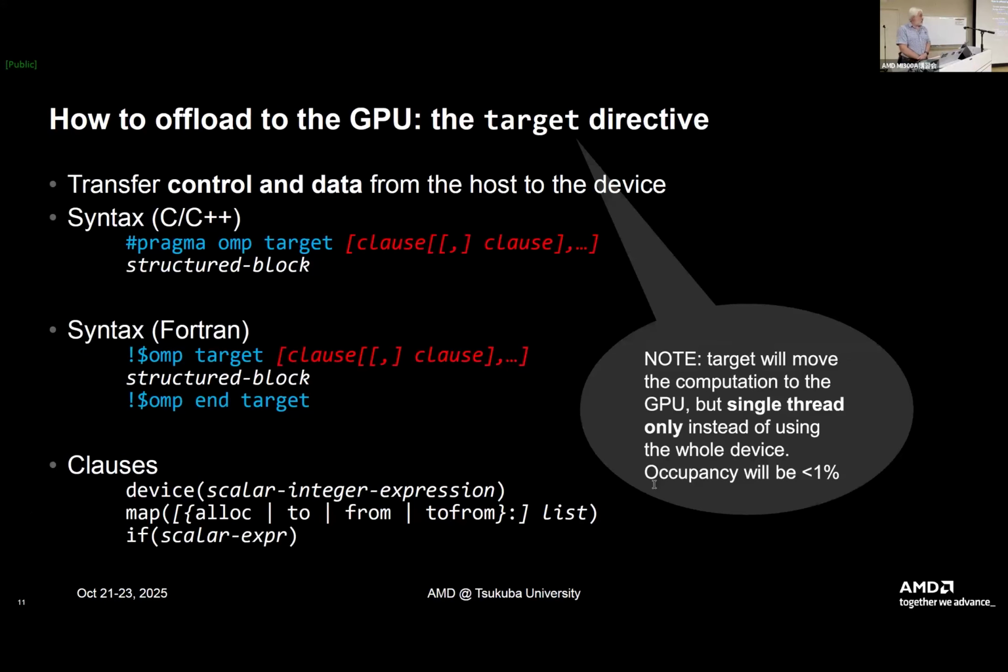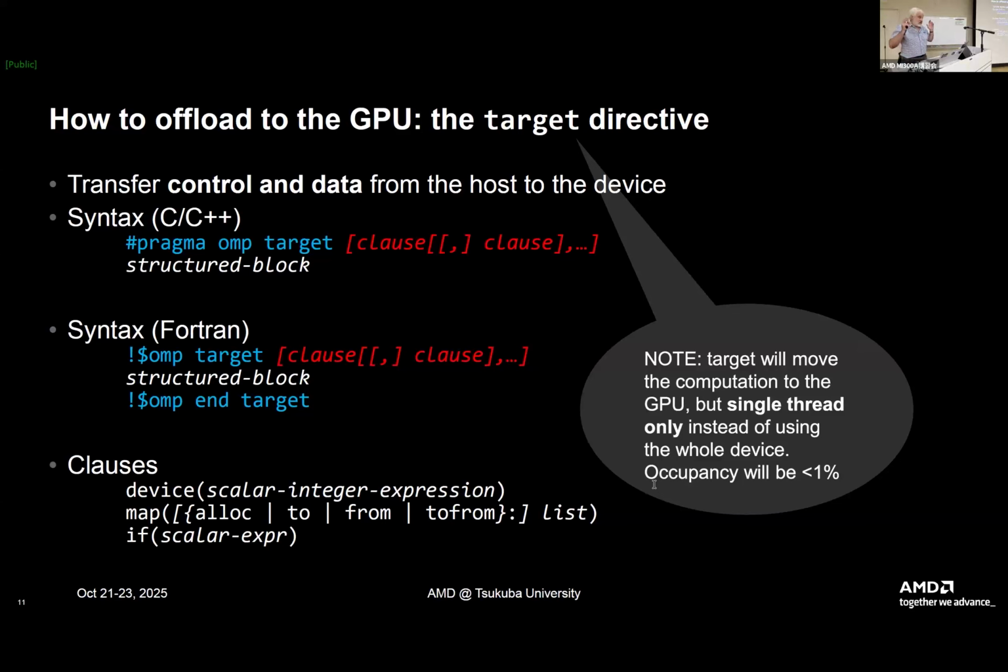So when we want to target a GPU, we have to add this target clause. And that target clause is going to say, move this off to a separate device for computing. And OpenMP is not very specific about what that device looks like.